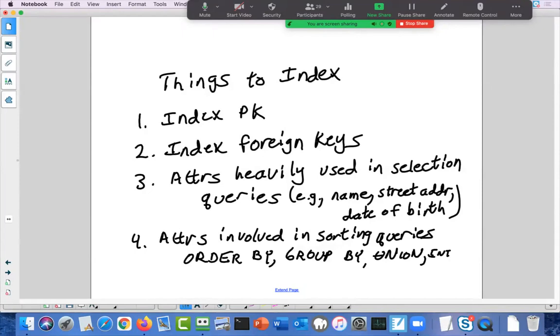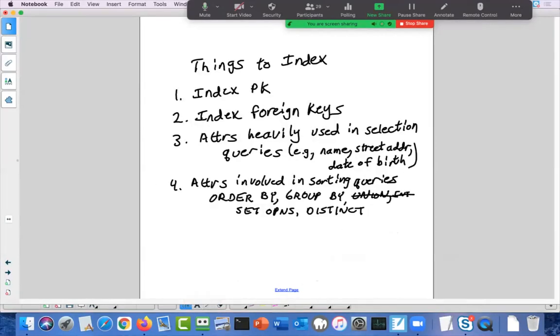So basically the set operations. If you have select distinct, all of those involve ordering. And so you would typically put an index on those kinds of attributes.